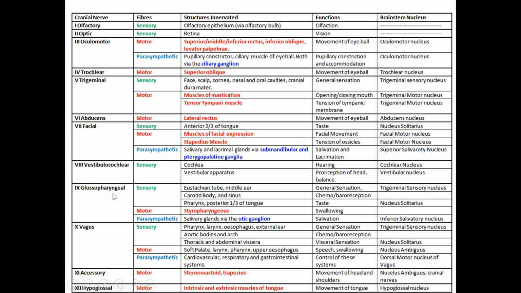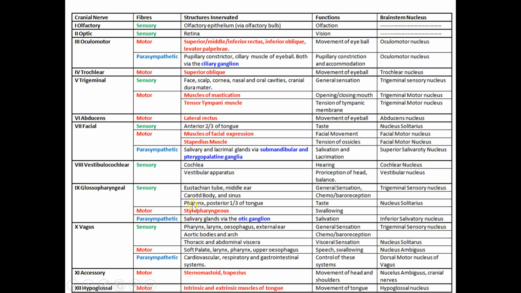The glossopharyngeal nerve is a mixed nerve with sensory and motor components. The sensory supply of the glossopharyngeal nerve is the eustachian tube, middle ear, carotid body, and sinus. In the eustachian tube and middle ear there is general sensation, while chemo- and baroreception is associated with the carotid body and sinus.